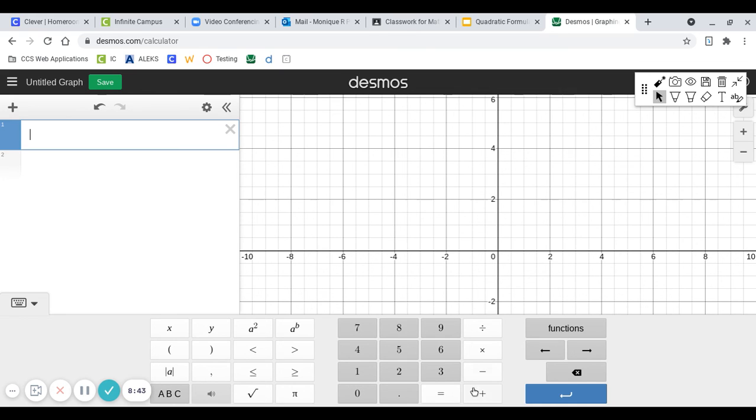Let's just do this. I'm going to start with the division sign, so that way we have a negative parentheses 6 at the top. We're going to type it in exactly how we wrote it.